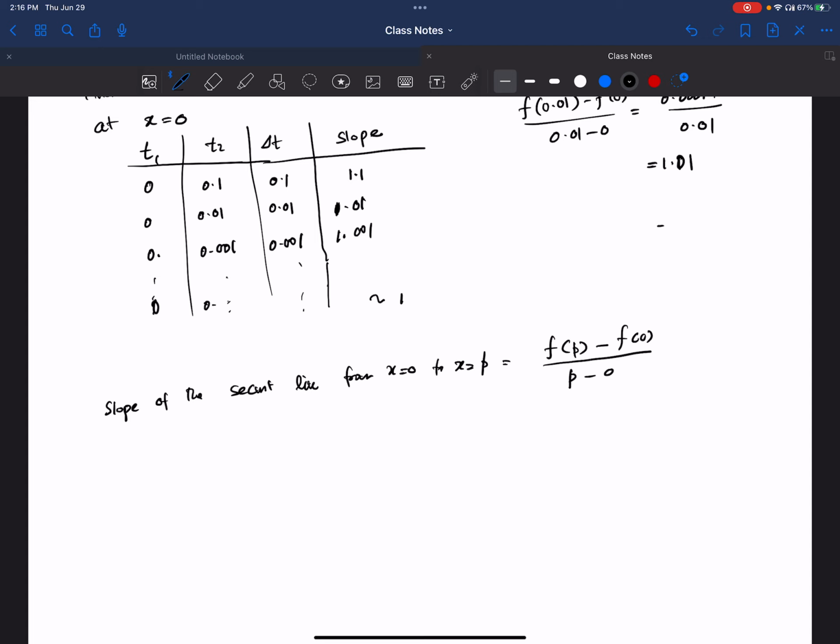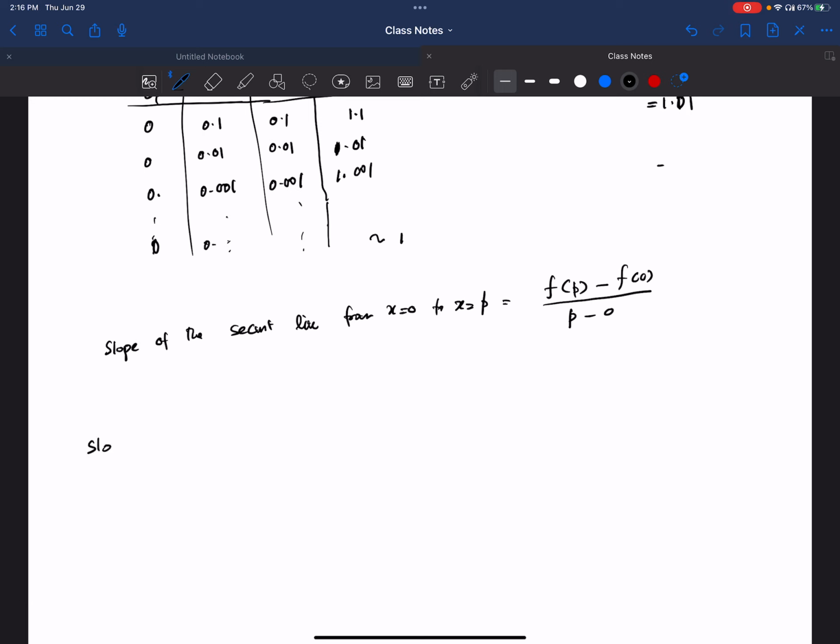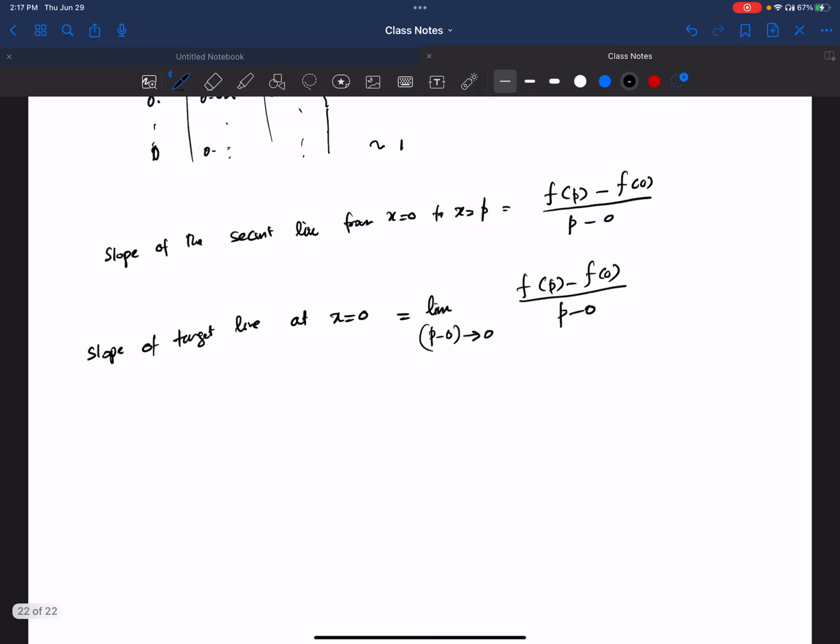And then you can find the slope of the tangent line at x equals 0, which is equal to the limit as delta t goes to 0. In this case, actually, p minus 0 goes to 0, of f of p minus f of 0 divided by p minus 0.